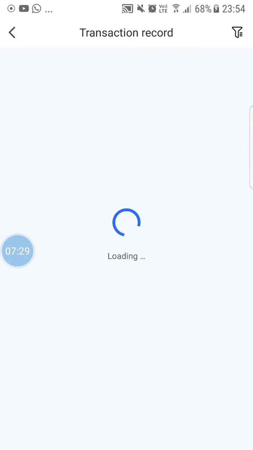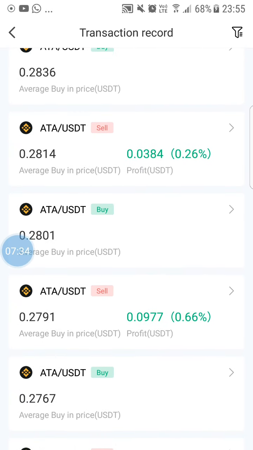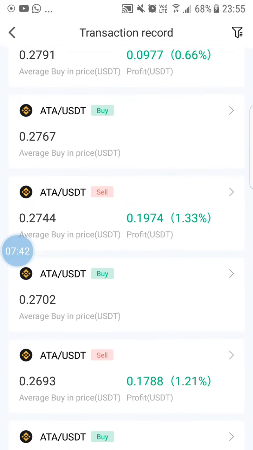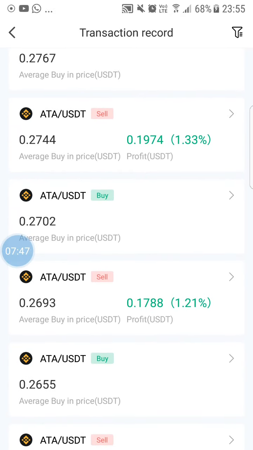Now, still on the transaction record, look at everywhere there's a sell, there is a percentage of how much the bot made from that particular trade. See? Let me check this one of 1.33%, where the bot sold when the price was 0.2744 of ATA.